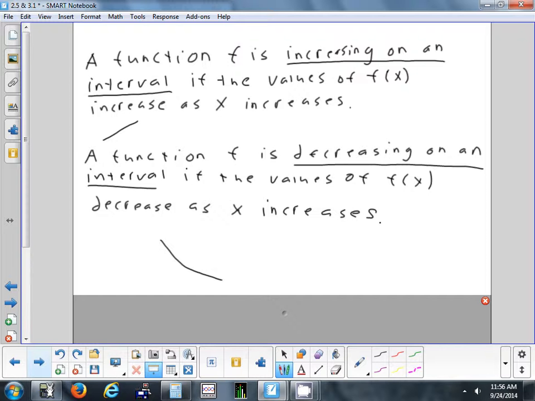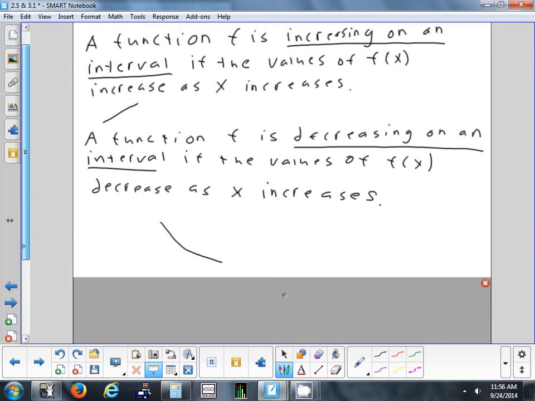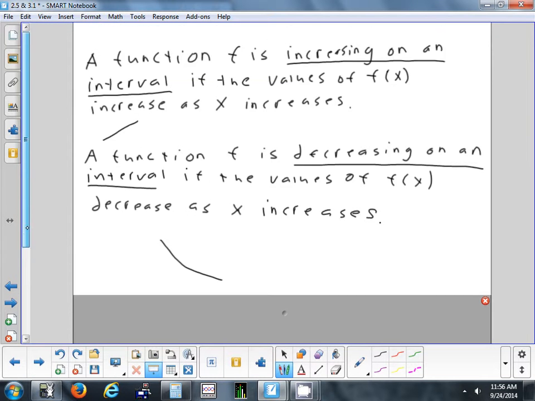Okay, so as x is increasing, y is dropping. Any questions on that? So I would just summarize that in your notes as increasing: as x goes up, y goes up. Decreasing: as x goes up, y goes down. That's a quick way to summarize that.